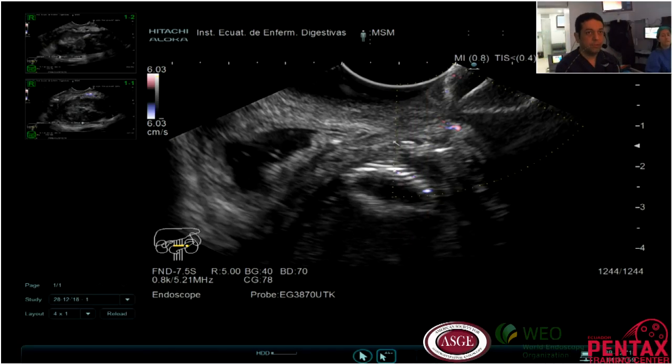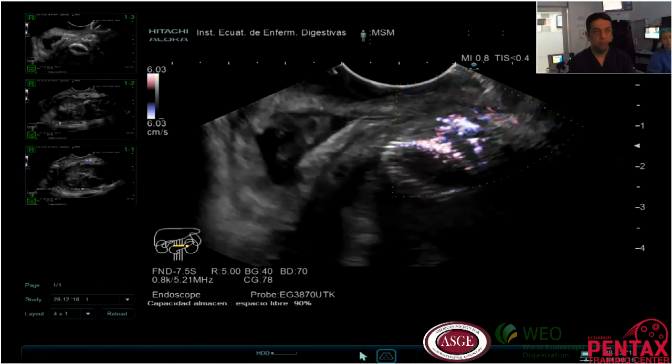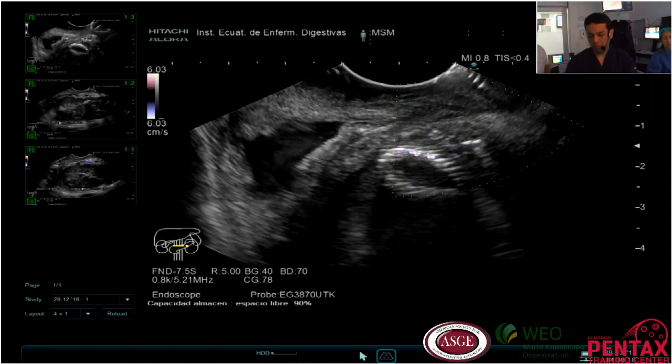So we have my distal part, my proximal part here inside the lumen. This is my scope, and this is a very good drainage. Very well.